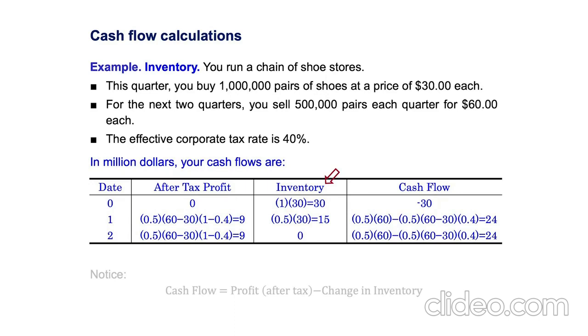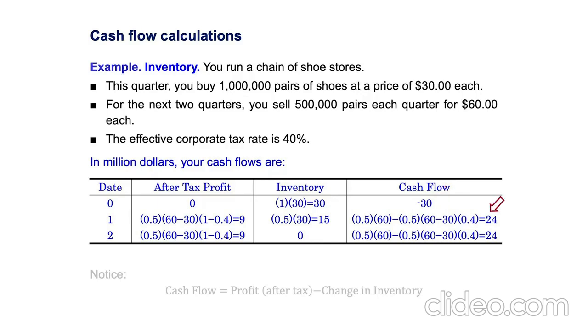There are different ways to deal with this issue. One way is to directly go after the project's cash flow, which is given in the last column in the table. In particular, in quarter 0, we paid a total of $30 million for an inventory of 1 million pairs of shoes at $30 a pair. This is a cash flow of minus $30 million.